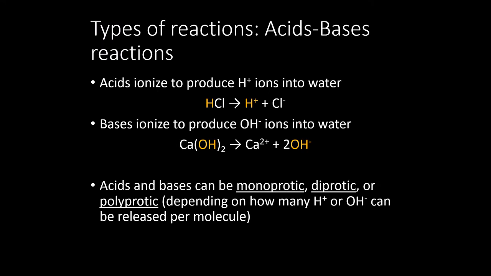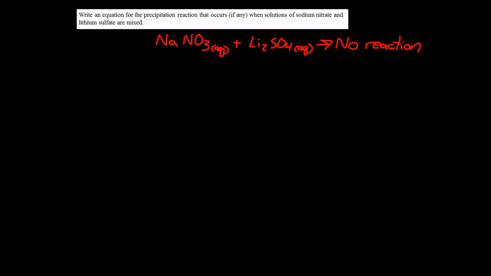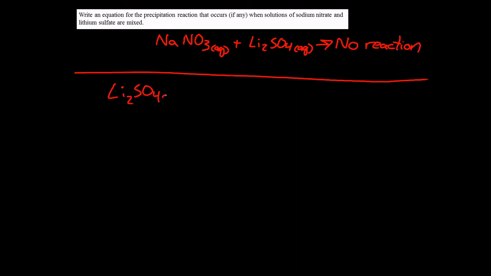Alright, that's the end of these examples, but I think I actually want to do one more quick one. I'm just going to make one up here. Let's say that we still have the lithium sulfate. So that is still one of our things that we're mixing together.